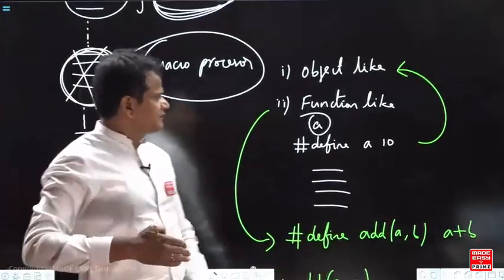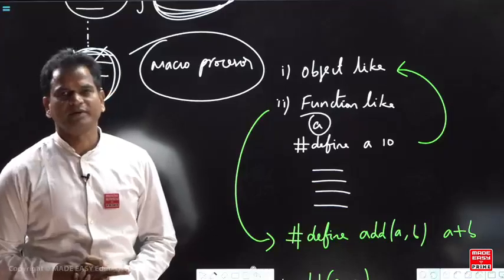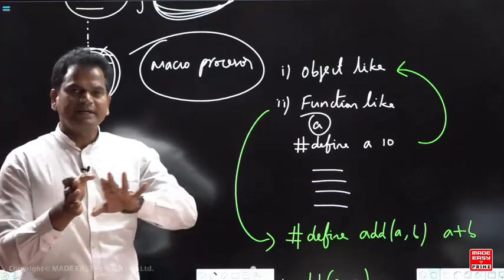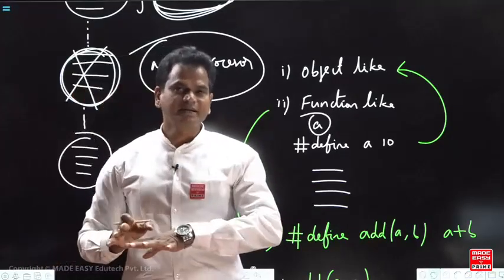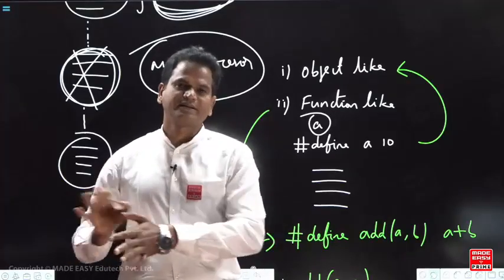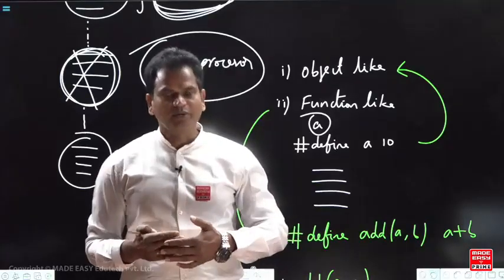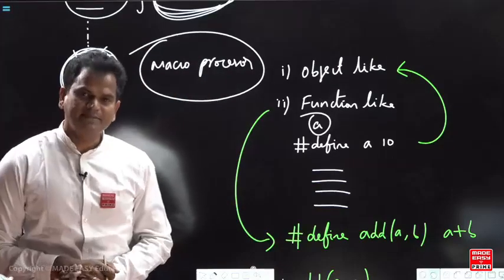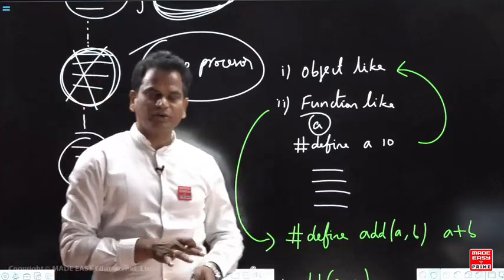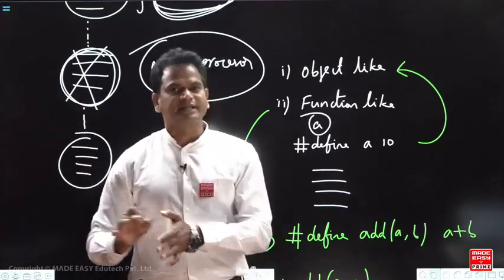And what is the difference between macro and function? Macro is processed before compilation, whereas function is handled at the time of compilation. Macro cannot do type checking, but using function, type checking can be done.